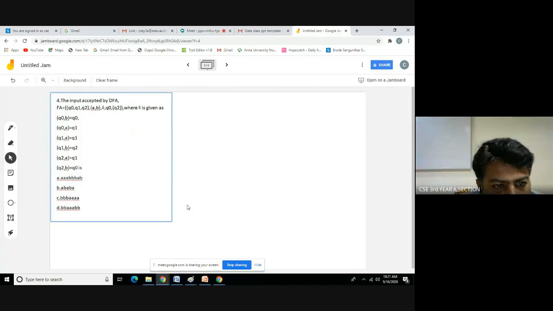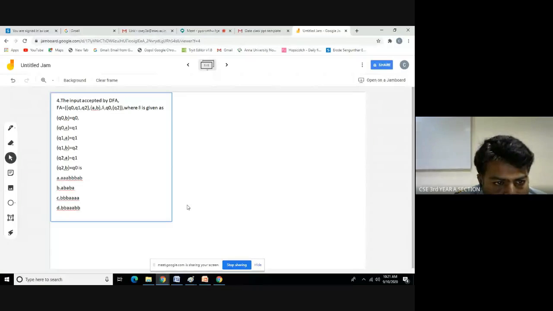The input accepted by the DFA, that is finite automata, with states Q0, Q1, Q2, alphabet A, B, start state Q0 and final state Q2, where the transition is given as follows.